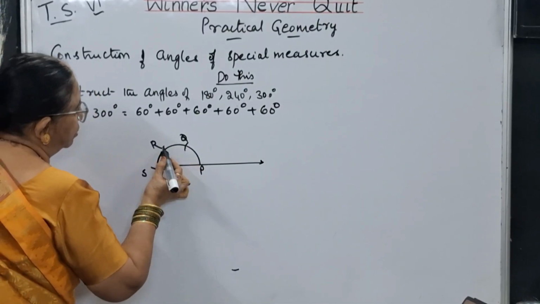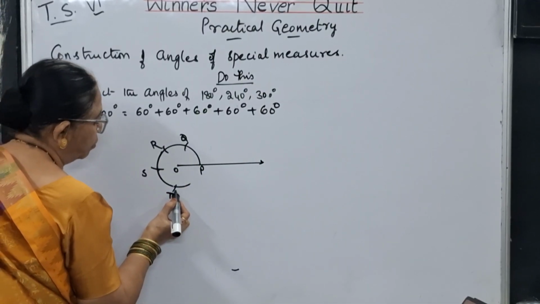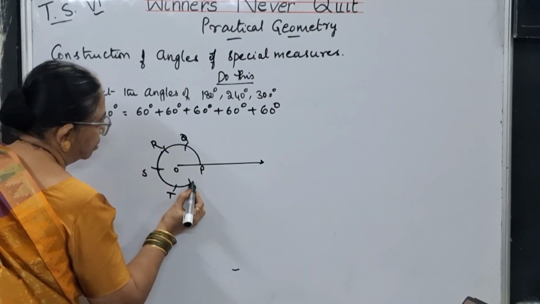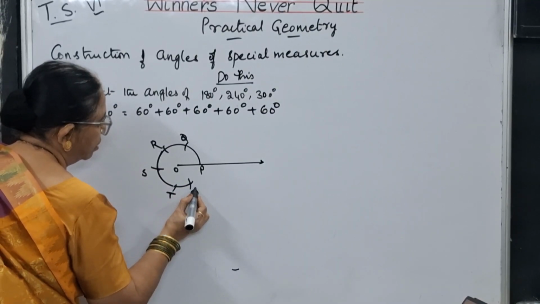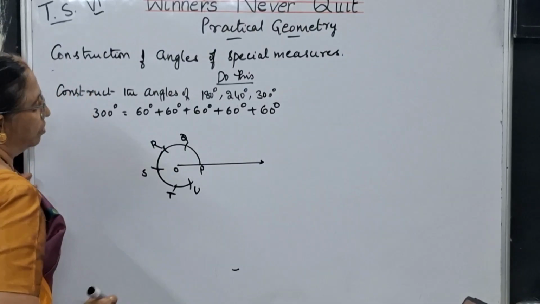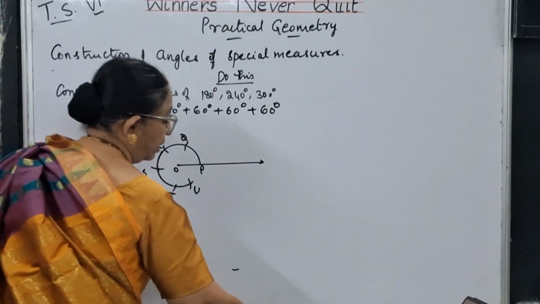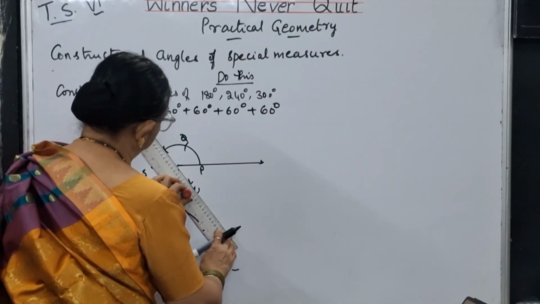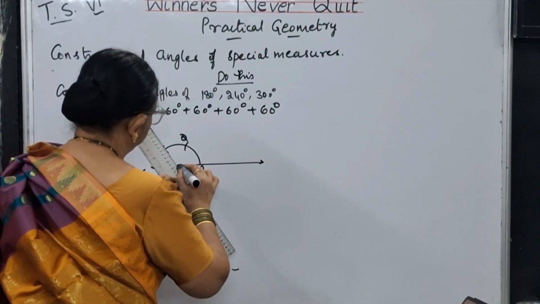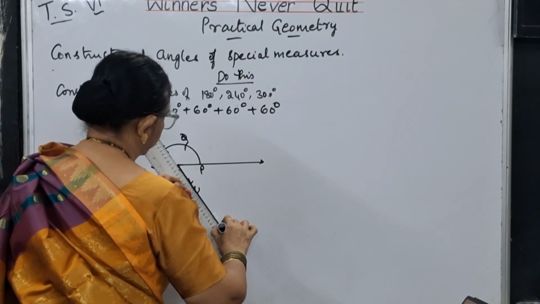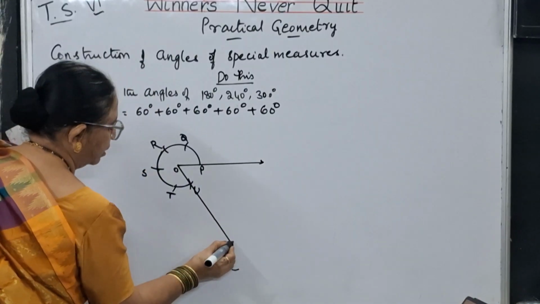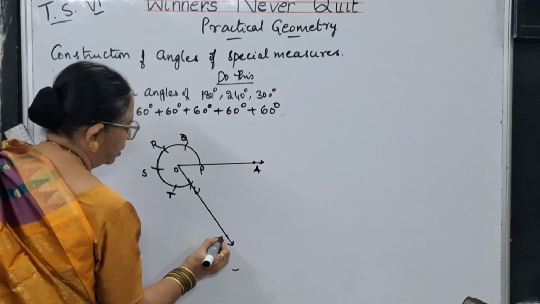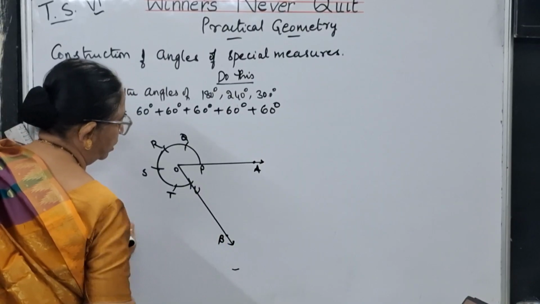So how many arcs? 1, 2, 3, 4. So now again with T as center, you have to draw another arc here. So this arc will give you 300 degrees. So if you join O and U and draw a straight line, let me consider this as OA and B here, OB.